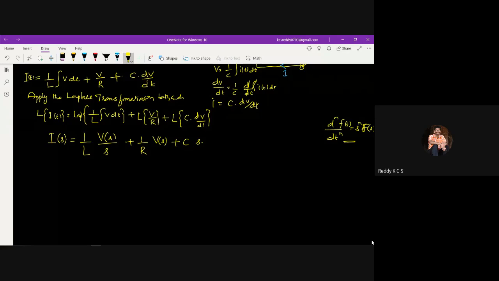So this generic formula, if I apply the first derivative, because n is equal to 1 here, so s into F of s. What is the F of s here? Voltage. So V of s I'm going to get.